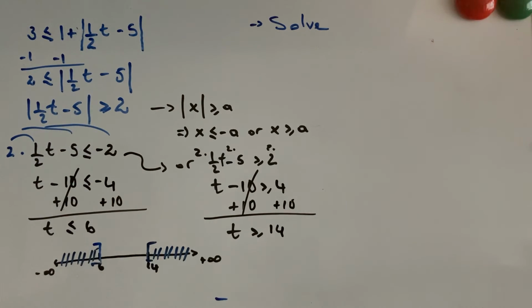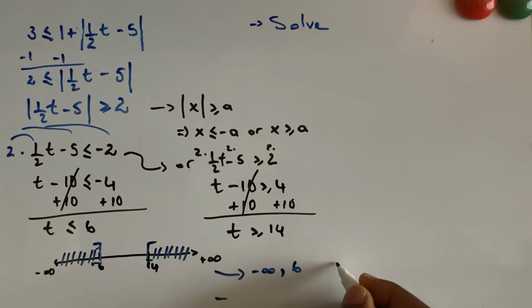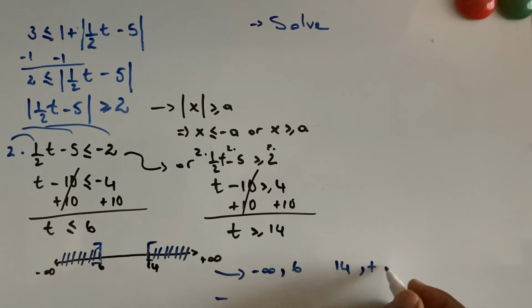In another video I have, I explain when to use parenthesis and when to use bracket. Okay, so now from here, you know the interval notation. It's already written here, you can actually see it. You start from negative infinity to 6, then from 14 to positive infinity.